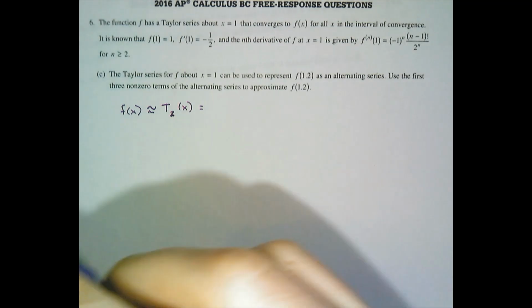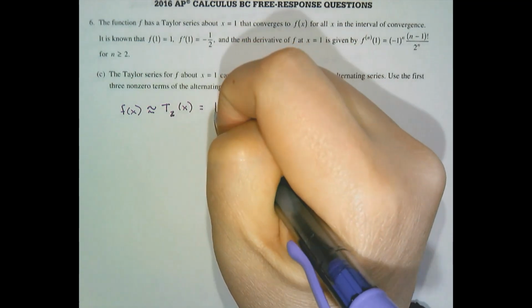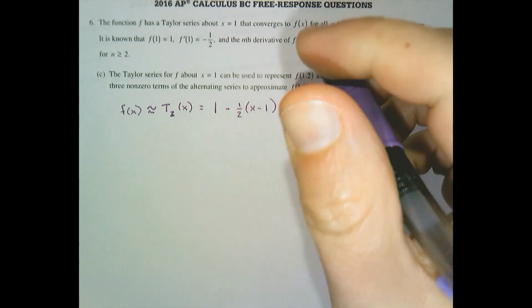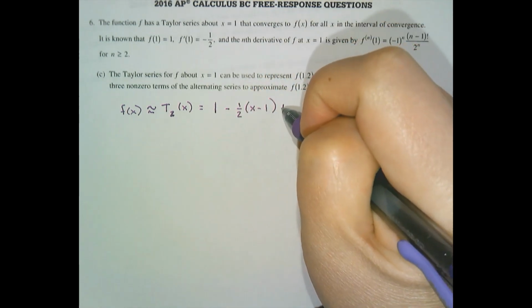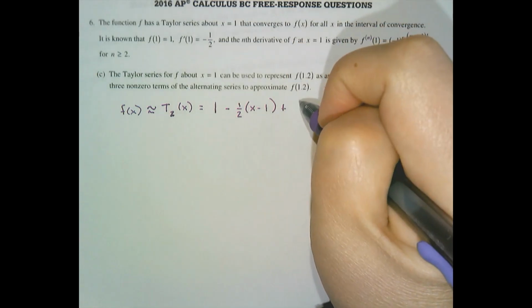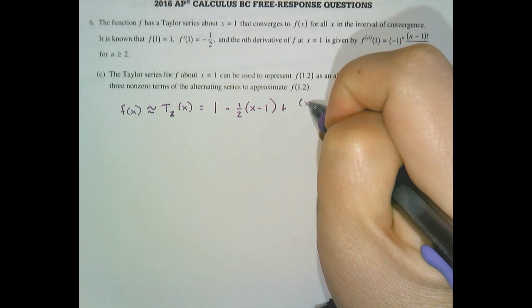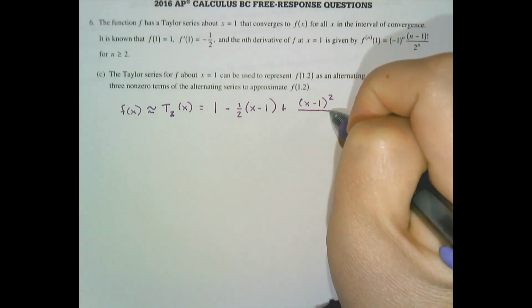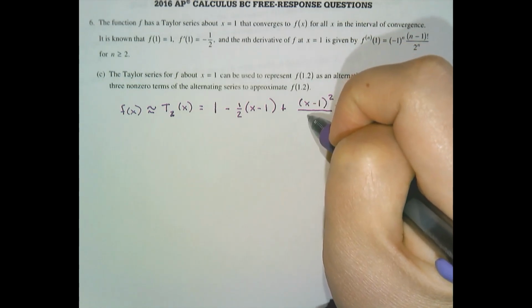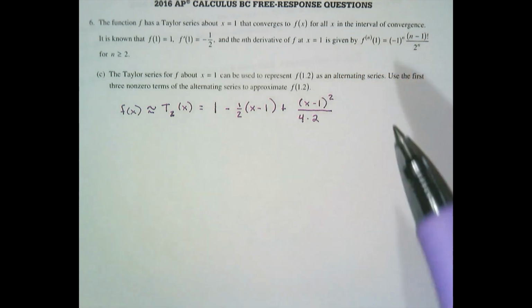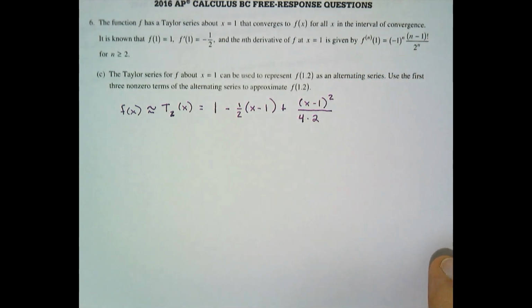And if we consult part A, we can see that the first 3 non-zero terms times 2. So there's our first 3 non-zero terms.